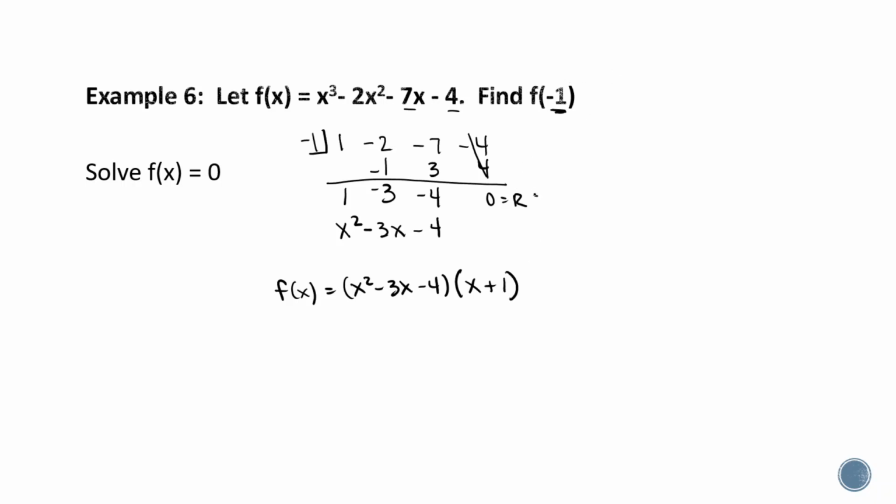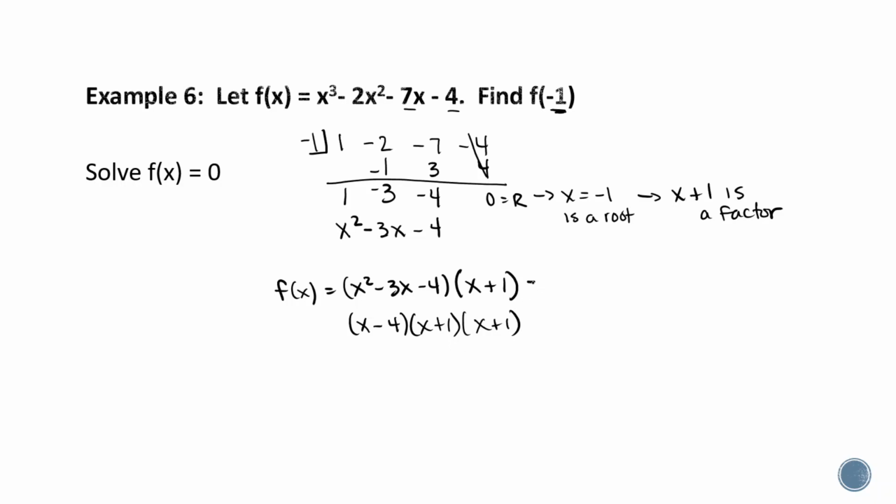Okay, because this tells me that x equals -1 is a 0 or a root, which tells me x plus 1 is a factor. So when I do the division, this is what I get. So now I can factor this quadratic. Okay.